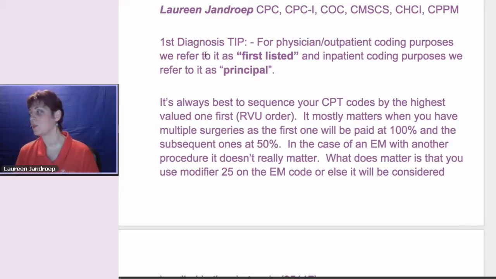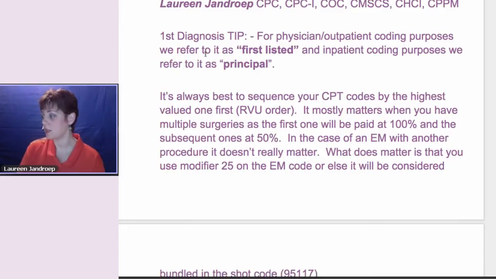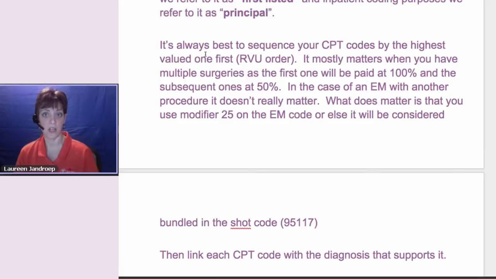In this case, when you have an E&M with another procedure, it doesn't matter as much unless you've gotten some directive from the payer. But in my experience, with E&M and other codes, it doesn't matter. What does matter is that if you report an E&M with the procedure, in this case 95117, the allergy shots, the payer is going to think you're reporting the mini E&M that's built into this code and you're double dipping, and they'll deny it.